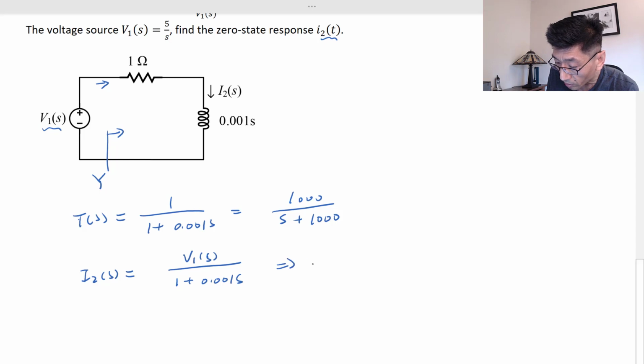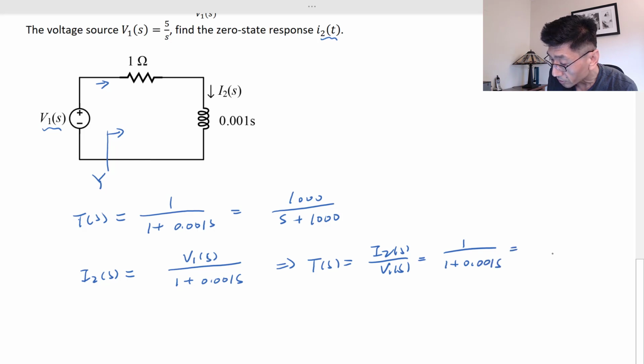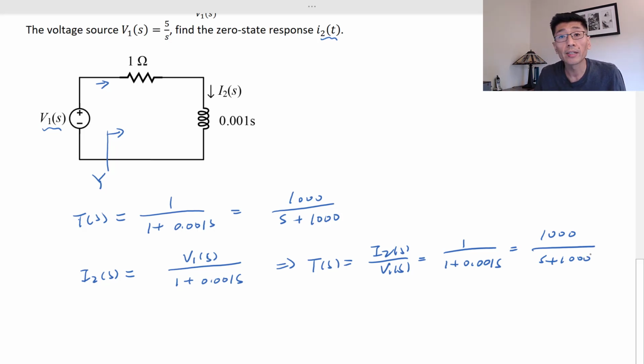Therefore, T(s) is equal to I sub 2(s) over V1(s), which is just equal to 1 over 1 plus 0.001s, which is equal to 1000 divided by s plus 1000. Okay, so that's how we find this network function.